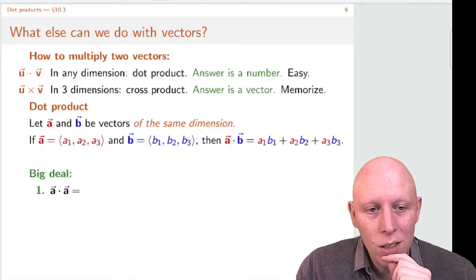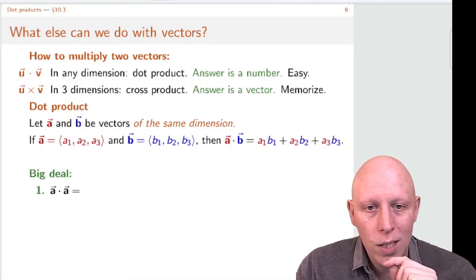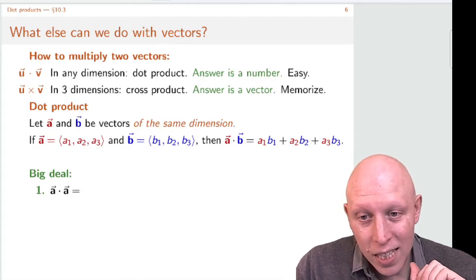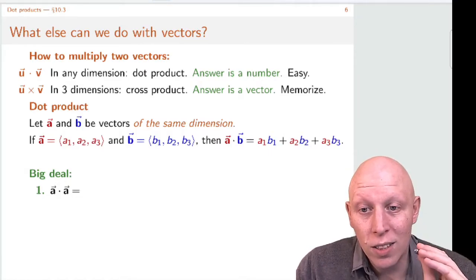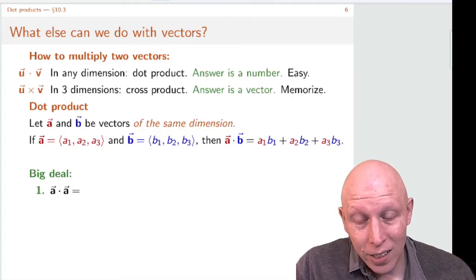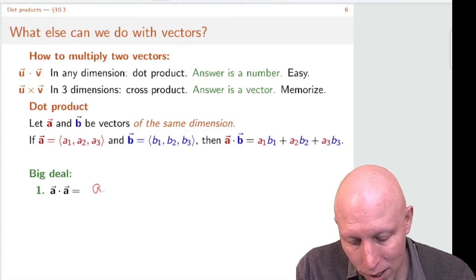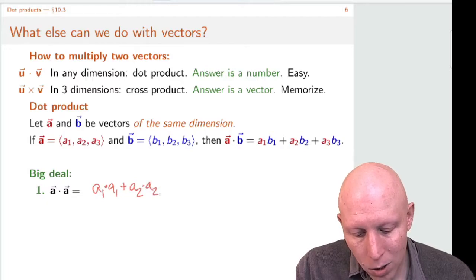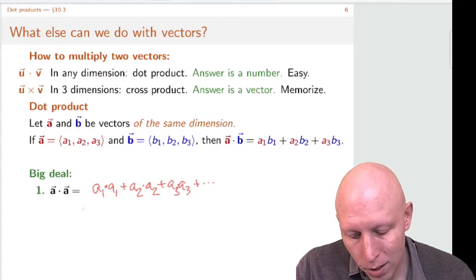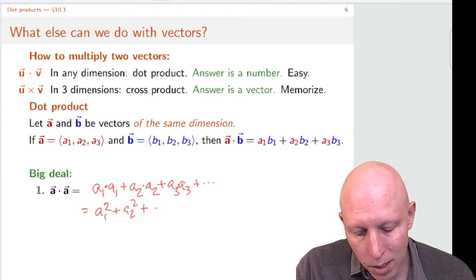There are a number of properties of dot products that are really important to know. The biggest of the big deals is: what happens if we multiply a vector by itself? So if we have A dot A, what does that look like? That looks like A1 times A1 plus A2 times A2 plus A3 times A3 plus dot dot dot. So that's A1 squared plus A2 squared plus dot dot dot plus AN squared.